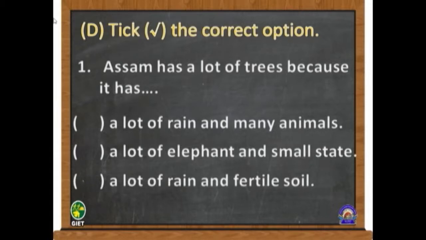Which option did you tick? Let's check the correct option. Yes, a lot of rain and fertile soil. Assam has a lot of trees because it has a lot of rain and fertile soil.